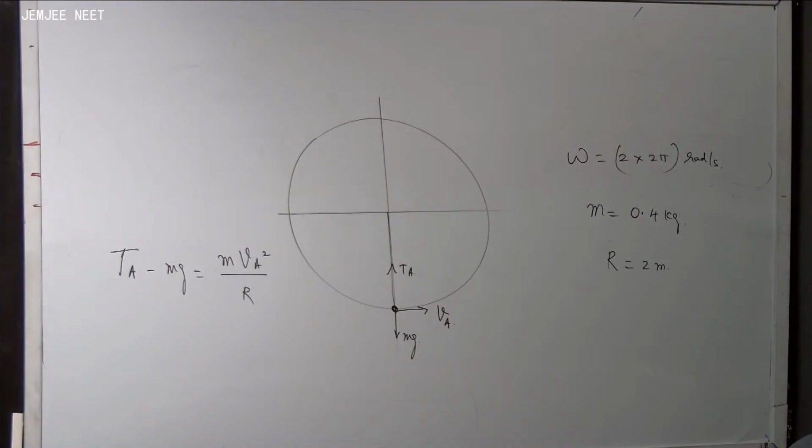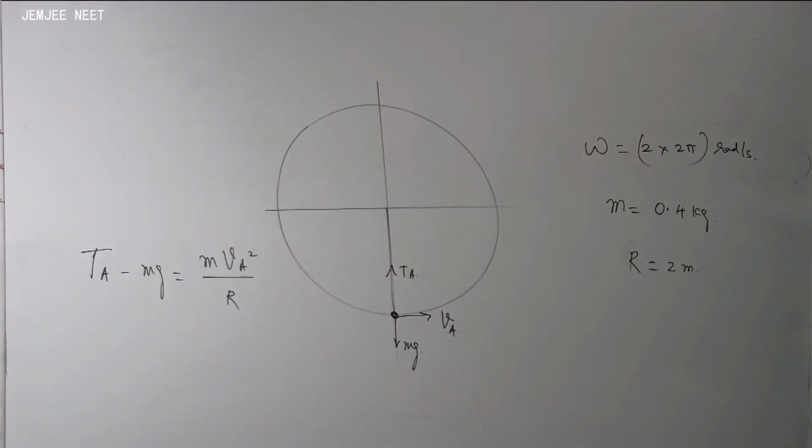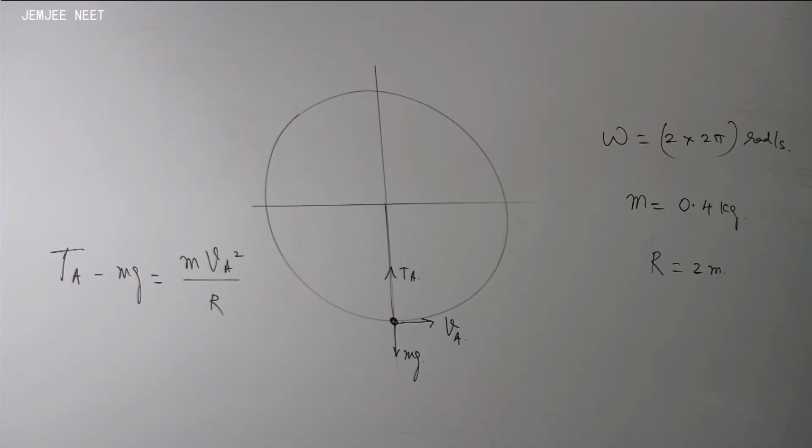So the 2 revolutions per second represents frequency, right? Yes, exactly. 2 rotations per second. For 1 rotation it is 2 pi, therefore for 2 rotations it is 2 times that.